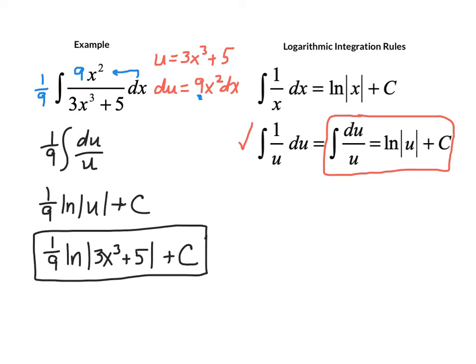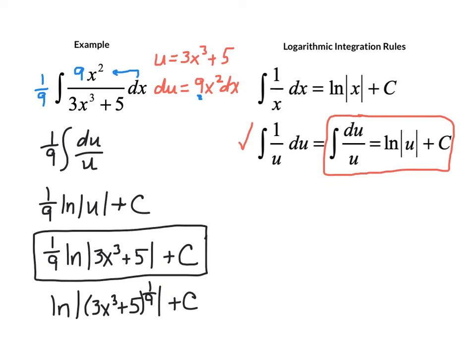That's going to be our antiderivative solution. One thing about log rule antiderivatives that sometimes drives people crazy is that you have to remember your log properties. The power rule for logs says I could take that 1/9 and express it as an exponent of the logarand. So an equivalent form would be the natural log of 3x cubed plus 5 to the 1/9 inside our absolute value.